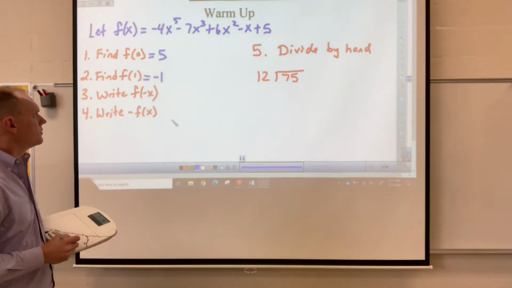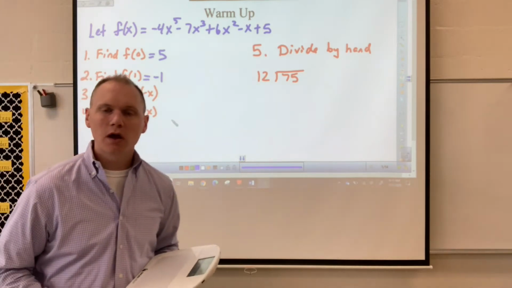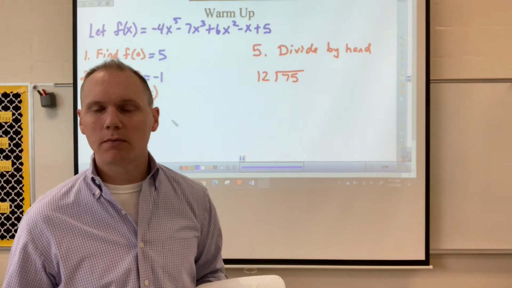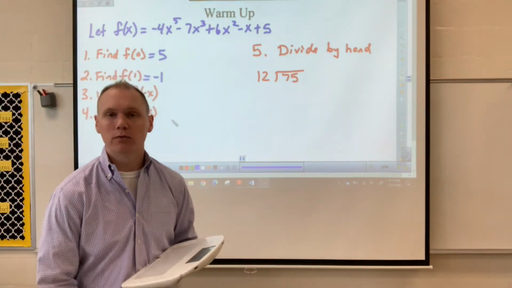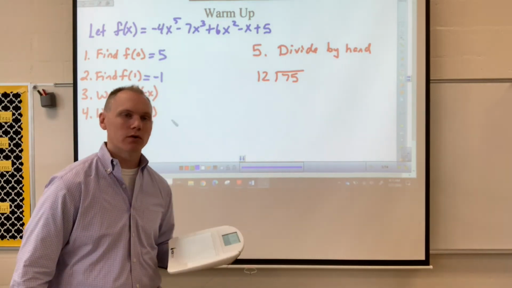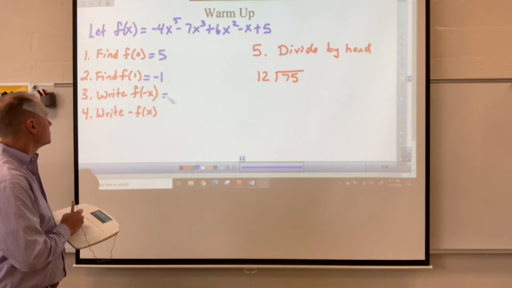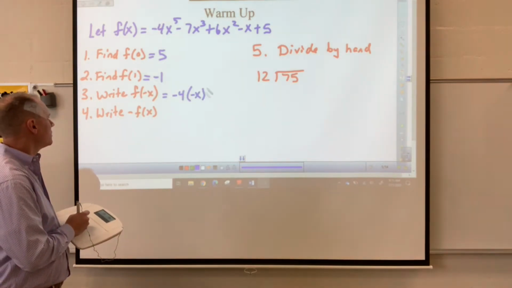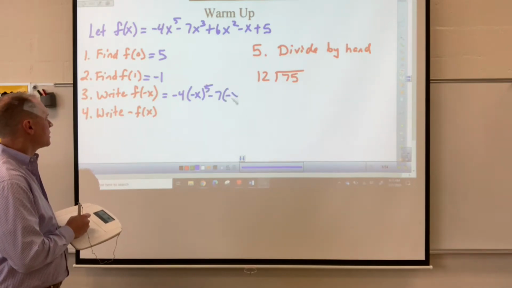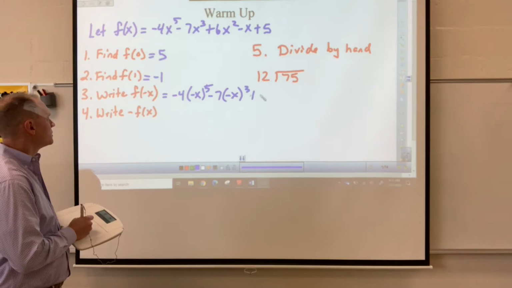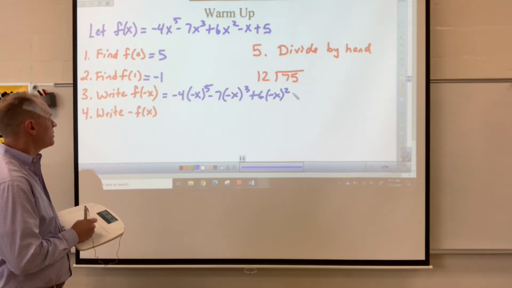So we should get -1 by doing that. So it's a quick little way to do f of 1 with any polynomial, really, is just to add up the coefficients. Write f of -x, so that's going to be -4 negative x to the 5th minus 7 negative x to the 3rd plus 6 times -x squared minus -x plus 5.